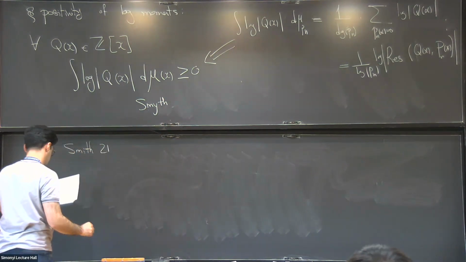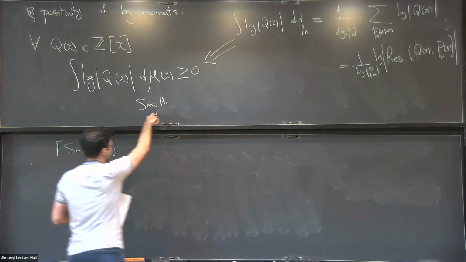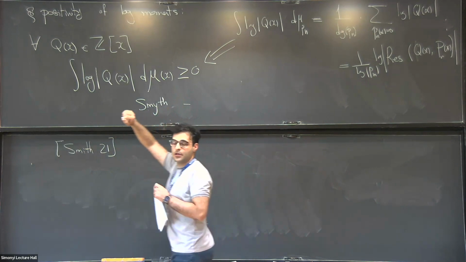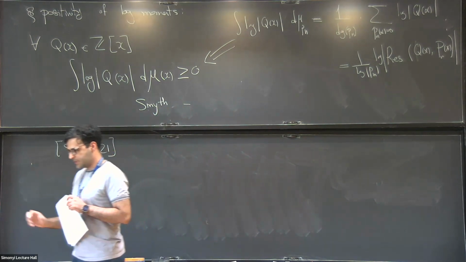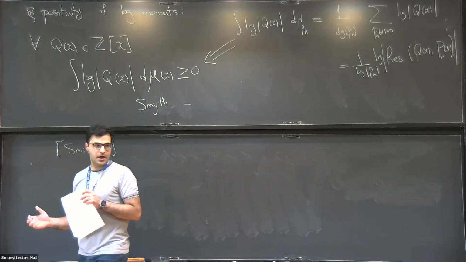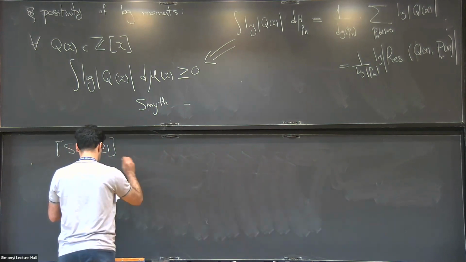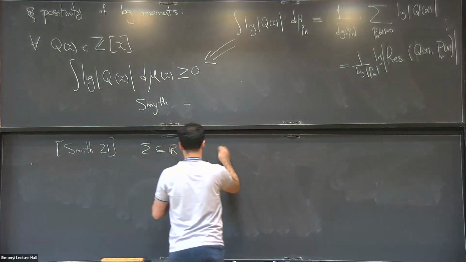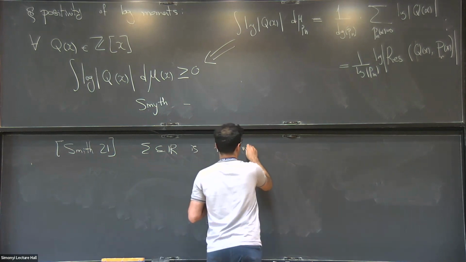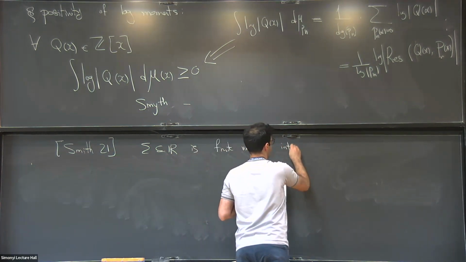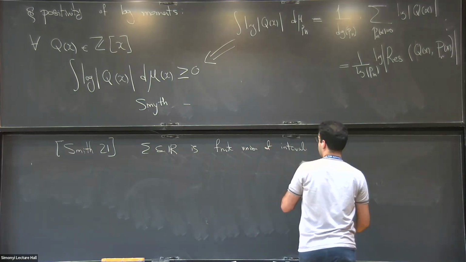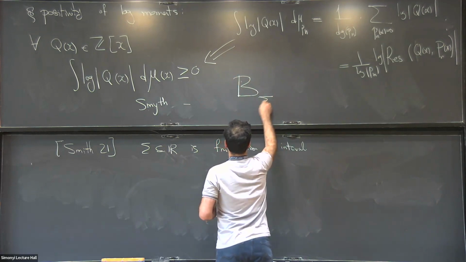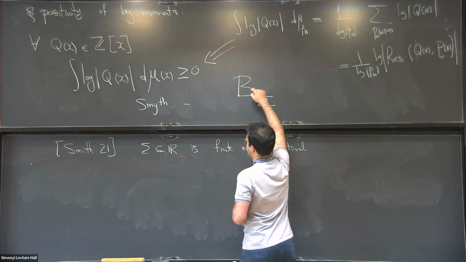And actually, Smythe used this moment inequality to improve upon Siegel's bound on the average trace of a totally positive real number. But Smith basically proved that if sigma is, let's say, a finite union of intervals, then, let's call the measures satisfying this property B sigma, a subset of all probability measures.